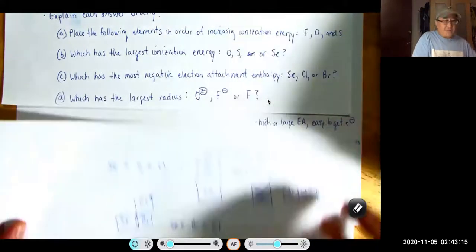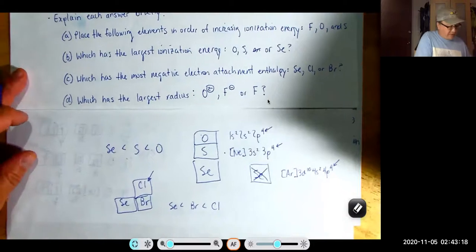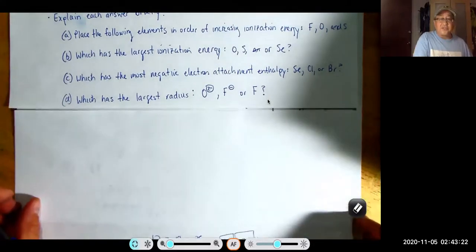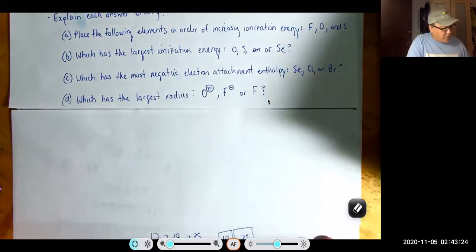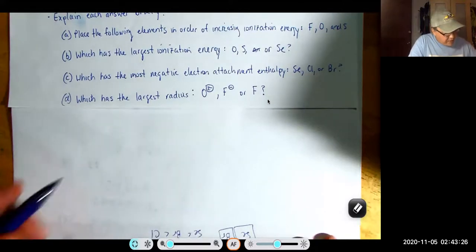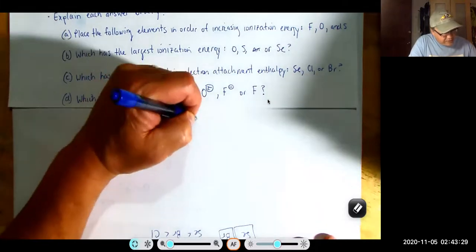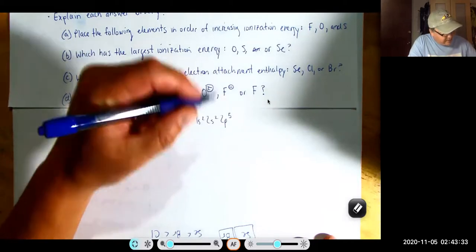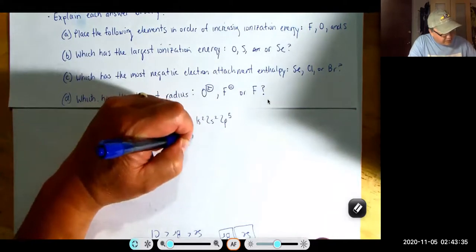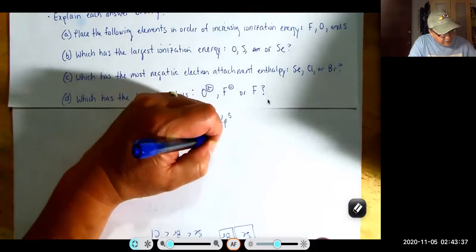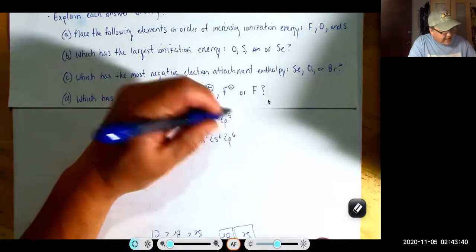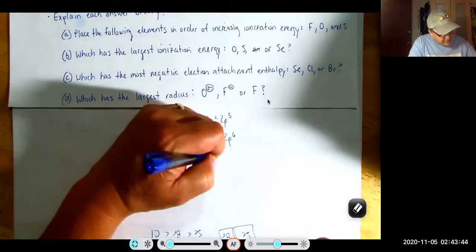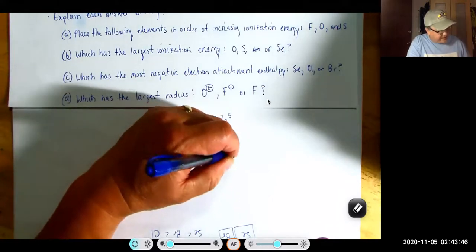Oh, last problem, D. Almost left that off. Which has the largest radius, O2 minus, F minus, or F? Well, if we look at F, it's 1s2, 2s2, 2p5. O2 minus is 1s2, 2s2, 2p6, and F minus is 1s2, 2s2, 2p6.